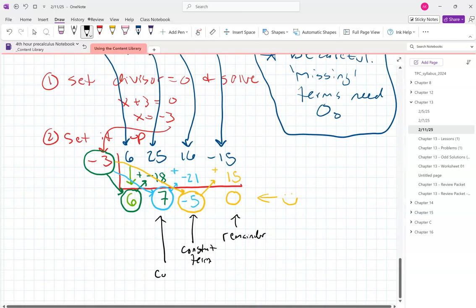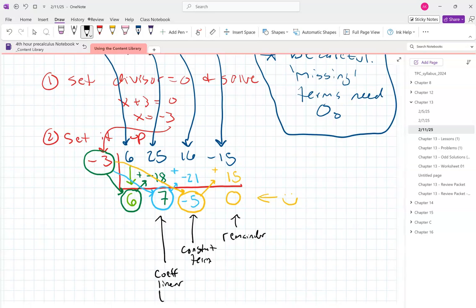The next one is the coefficient for the linear term, so that's like the x coefficient. The next one is going to be the coefficient for the quadratic term, like the x squared term. And so on and so forth. We just keep going up 1 degree as you move one number to the left.